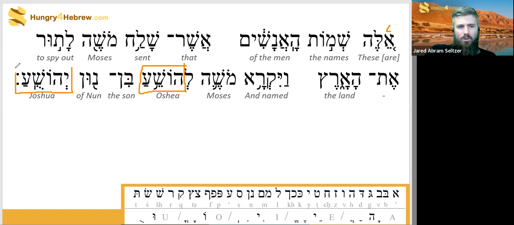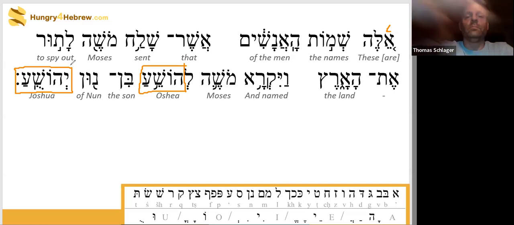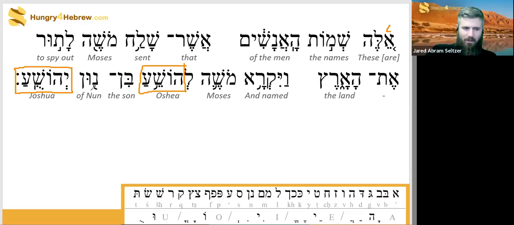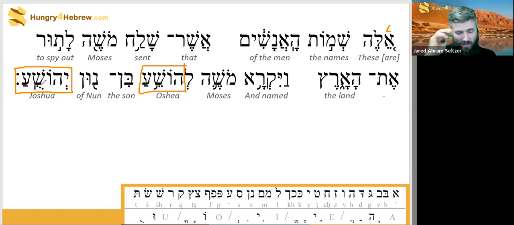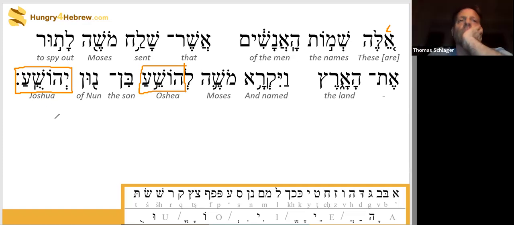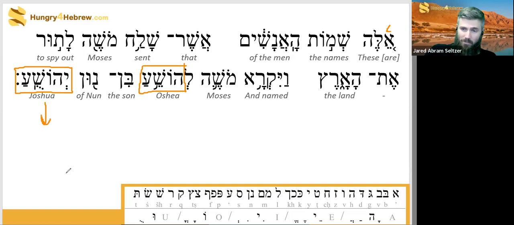And Yehoshua could arguably be a Yiktol Hifil of the same root. The only problem is that there's an U instead of an A or E. Nevertheless, U's and E's go back and forth in Hebrew, so it's actually not too terribly far-fetched. And Yehoshua is where later on the name Yeshua comes from, the Aramaic pronunciation of Yehoshua.